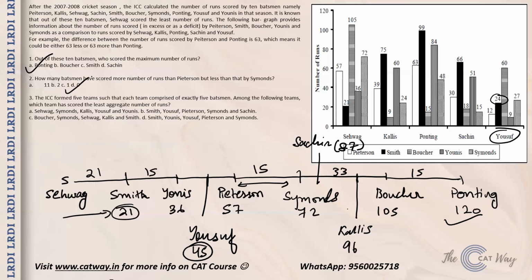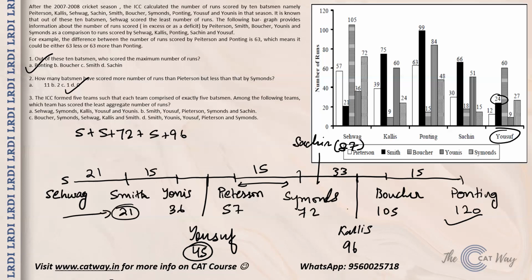Moving on to the third, the ICC formed 5 teams, each team comprising exactly 5 batsmen. Among the following teams, which team has the highest aggregate number of runs? In the first team, you have Sehwag, who scored S. Then Simons, who has scored S plus 72. Similarly, Kallis has scored S plus 96.